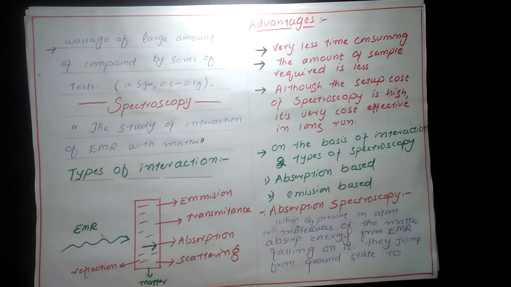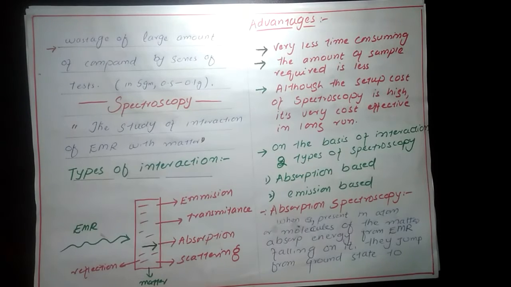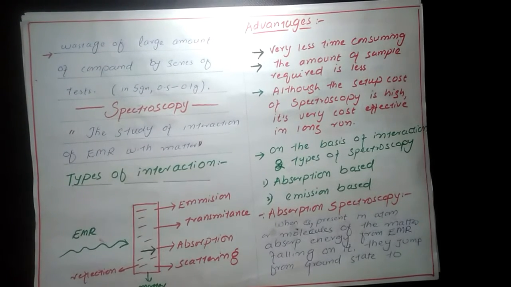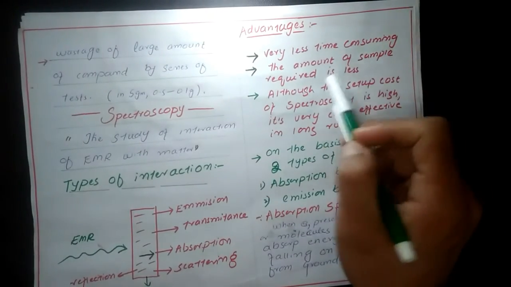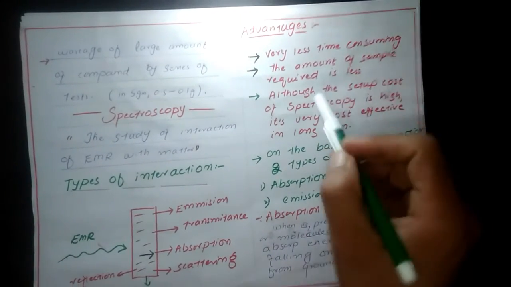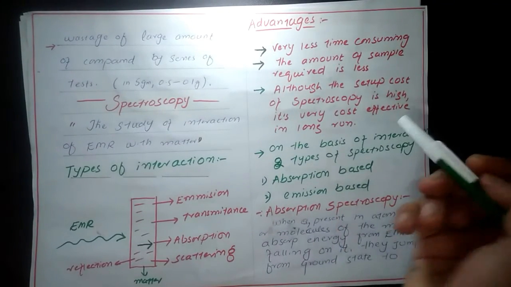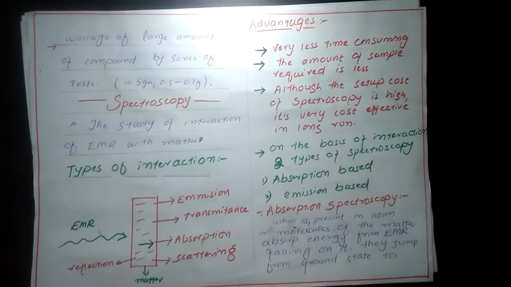So then another technique called the modern spectroscopy technique was introduced, and it was much more effective compared to the classical method. How? Because it was less time consuming, the amount of sample required is less, and although the setup cost of spectroscopy is high, it was very cost effective in the long run, right?